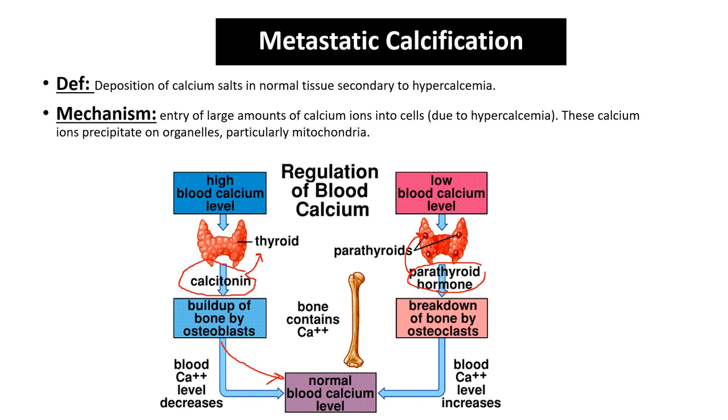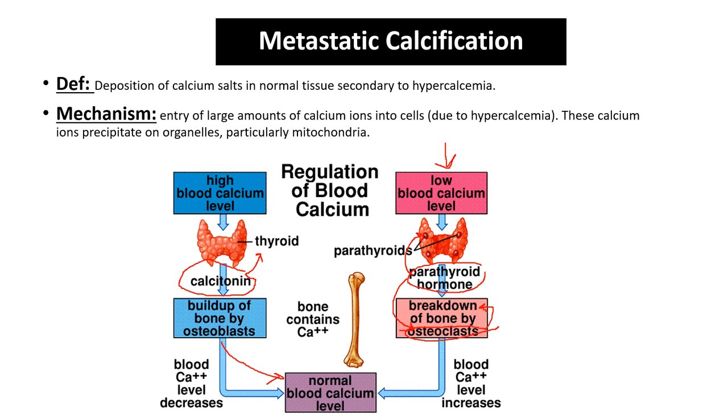Okay, then if on the other hand there is a decrease in calcium level in the blood, parathyroid hormone has to deal with it. What happens is parathyroid hormone activates the osteoclast, which is the bone-eating cell, to induce lysis of the hydroxyapatite of the bone.